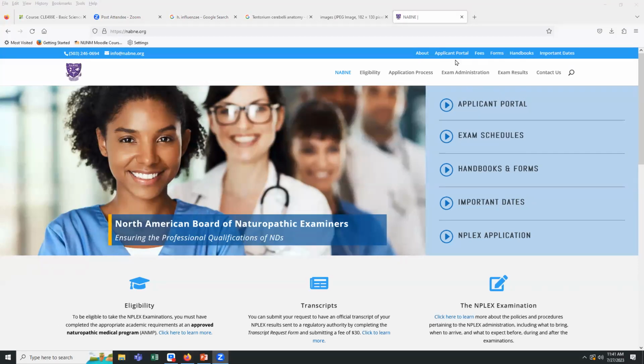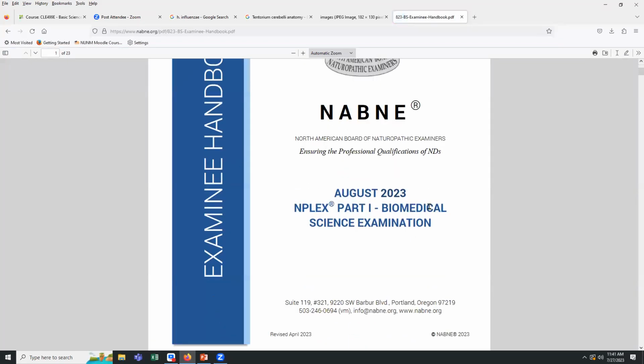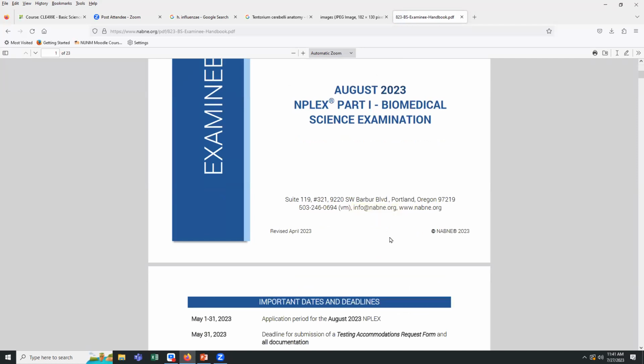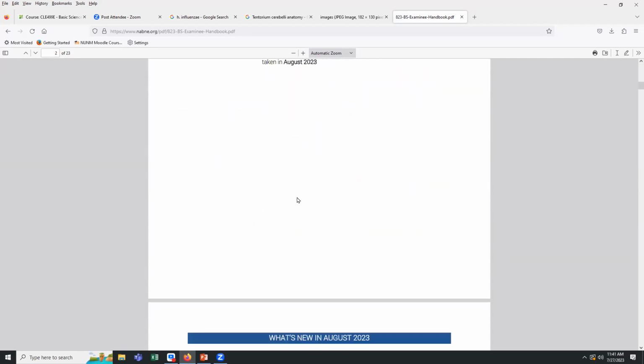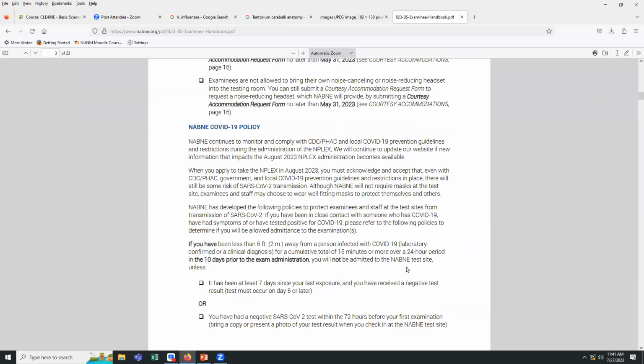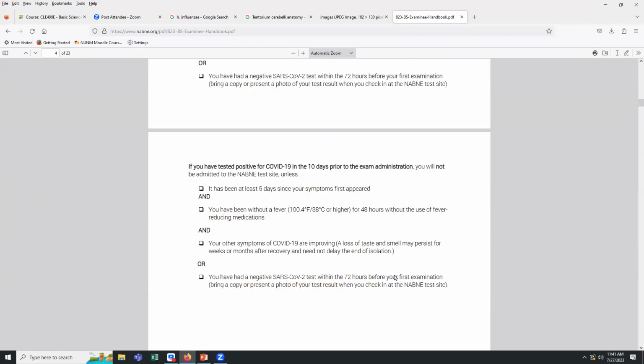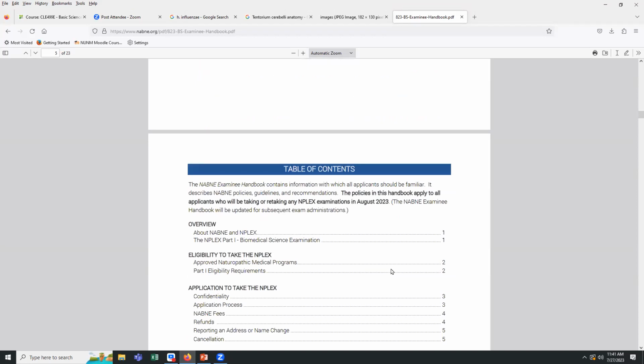If you're really concerned about rules and processes, these are all their rules and processes on NABNY. I did post this on the Moodle page. It goes through their new COVID-19 policy, which pretty much means if you have COVID, please don't come. But you don't have to wear masks anymore.